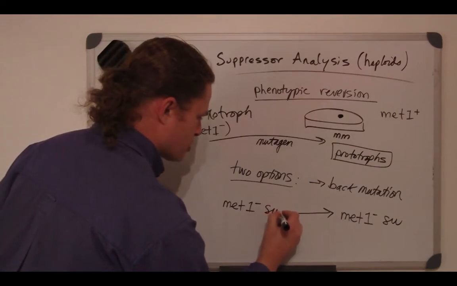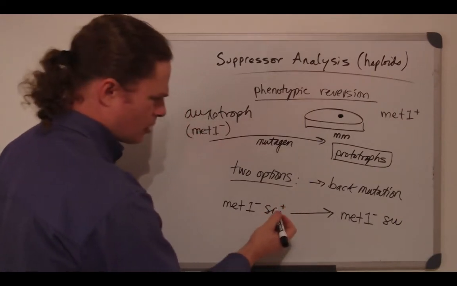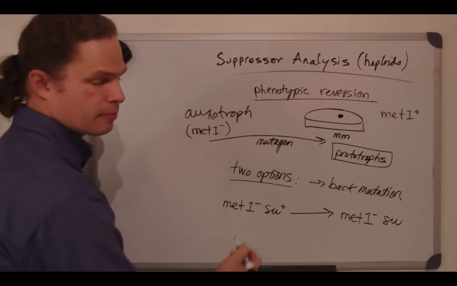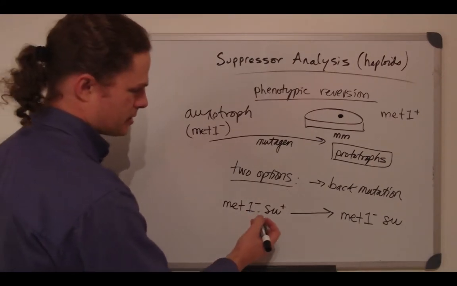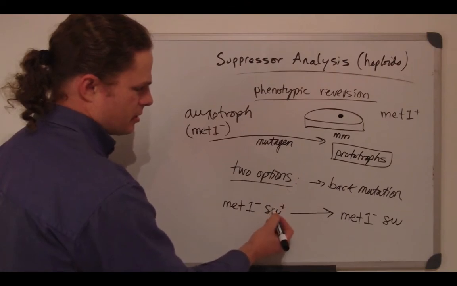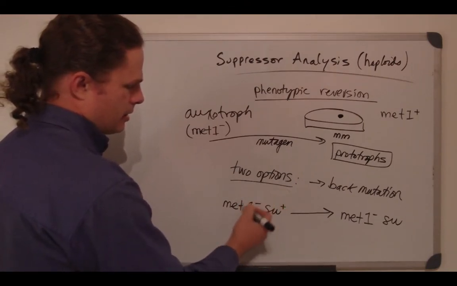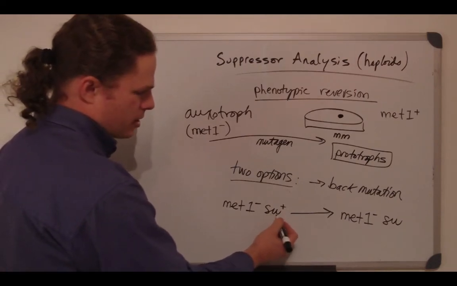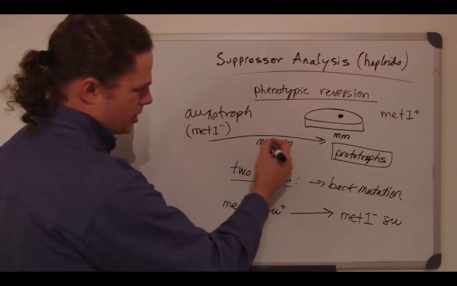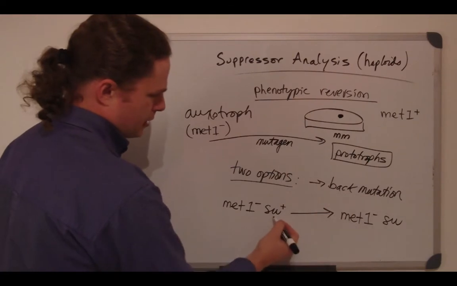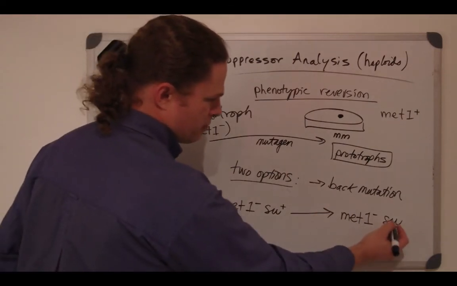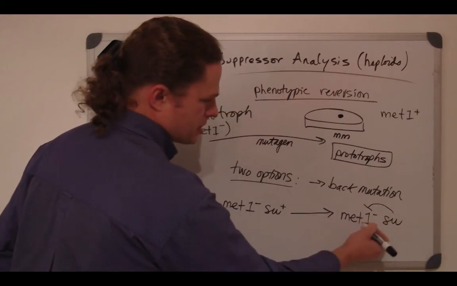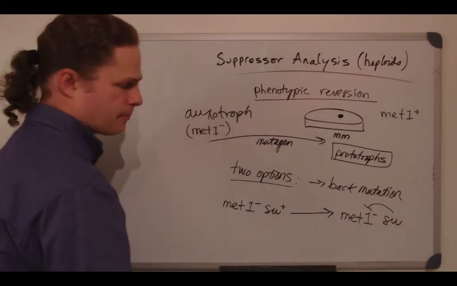The wild-type version of the suppressor obviously has no masking ability because that's how we found the original MET1 minus mutant in the first place. Whatever this is, it's not able to mask the deficiency at the MET1 locus when it's in its wild-type form. But the mutagen has converted this allele from the wild-type allele to some sort of mutant allele, and this mutant allele is now capable of exerting epistasis over the MET1 minus mutant.